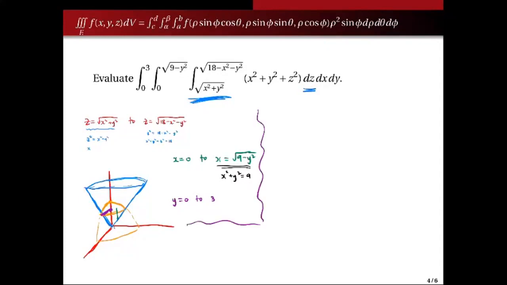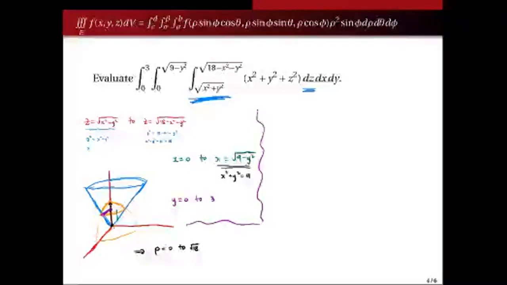Of course, your rho will run from the origin going to the roof. But the roof is your sphere. Correct? So your roof is that sphere. So your rho will run from 0 until square root of 18. That's the radius of the sphere.